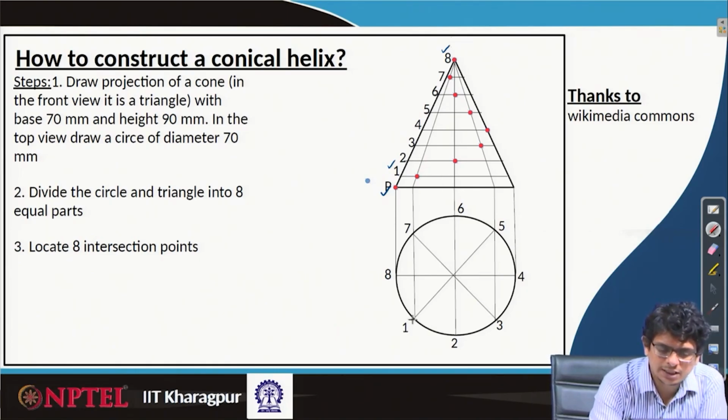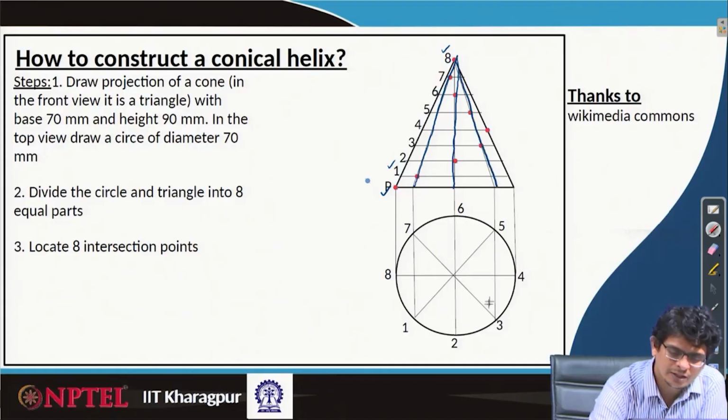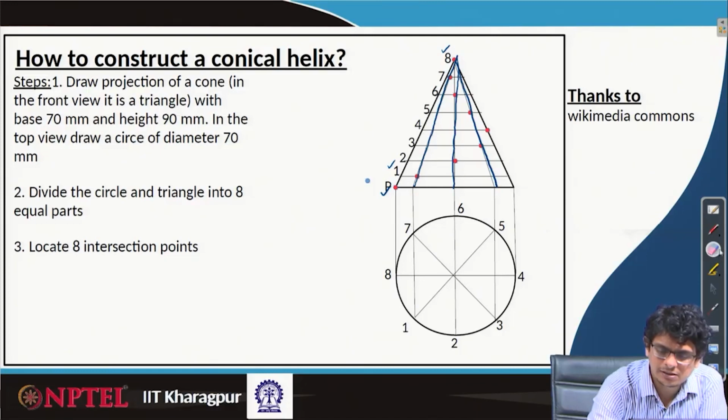Now, from these labels 1, 2, 3, 4, 5, 6, 7, 8 of the circle, extend the lines which are going to generate lines on the cone. These are called generator lines of the cone. Let us consider one particular line.